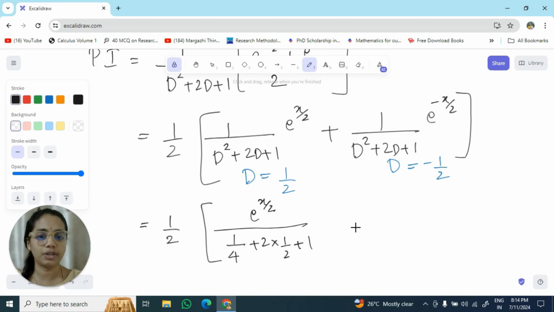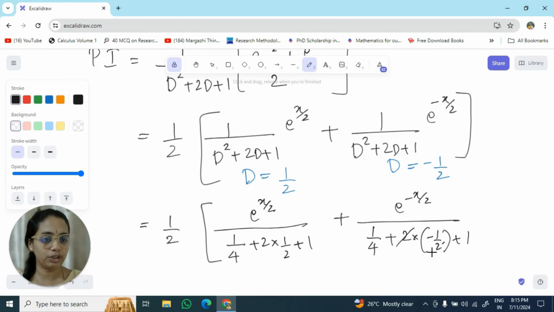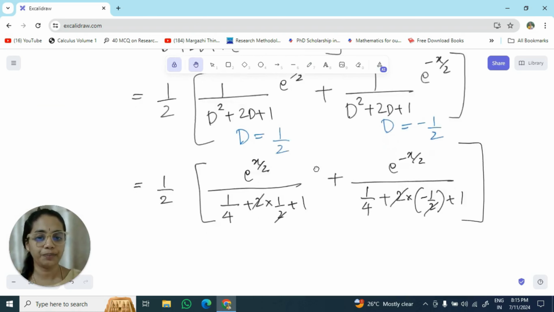So 2 gets cancelled plus 1 plus e power negative x by 2 divided by, again minus 1 by 2 the whole square is 1 by 4. Agree. Plus 2 into negative 1 by 2 plus 1. So clearly 2 and 2 gets cancelled. Agree. Even here 2 and 2 gets cancelled.